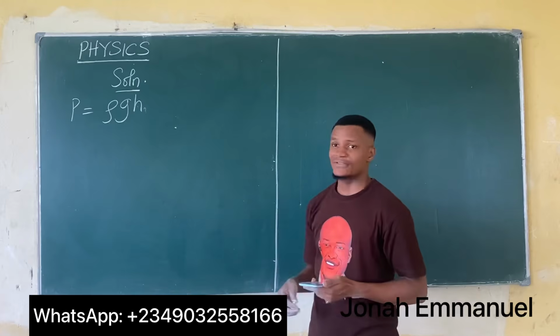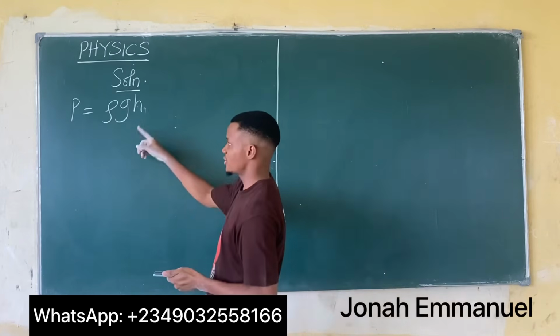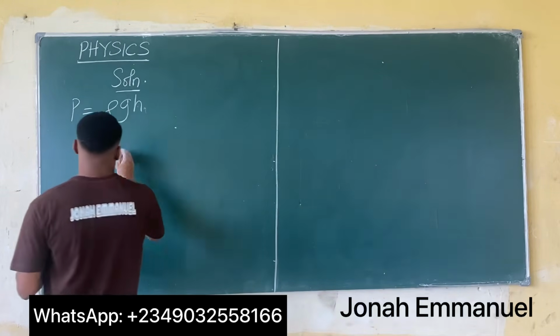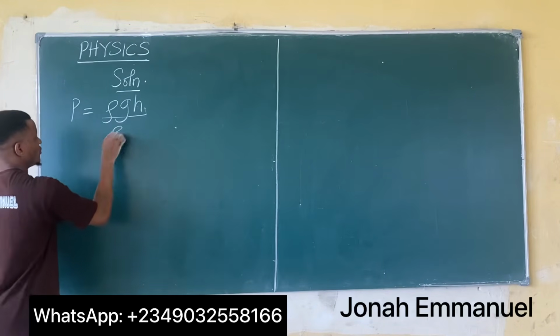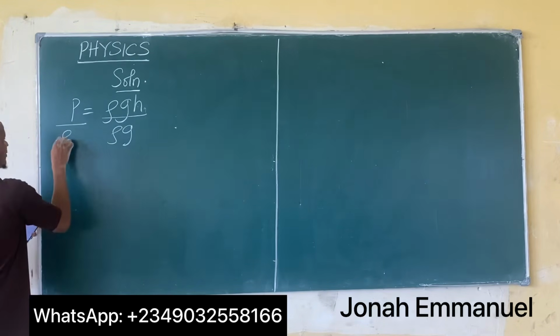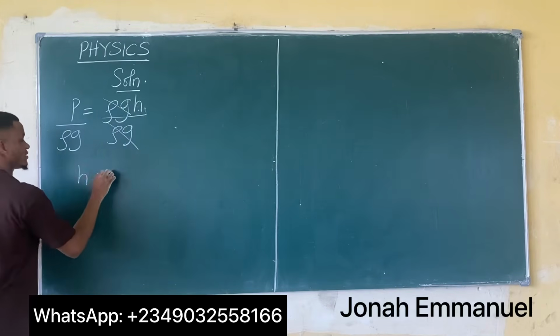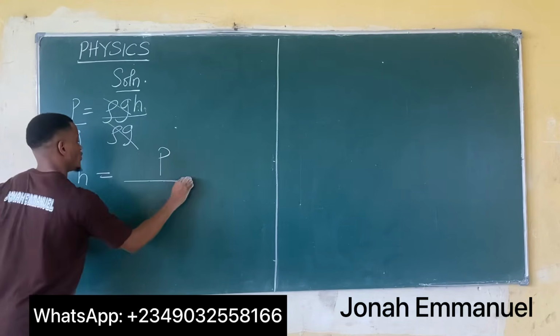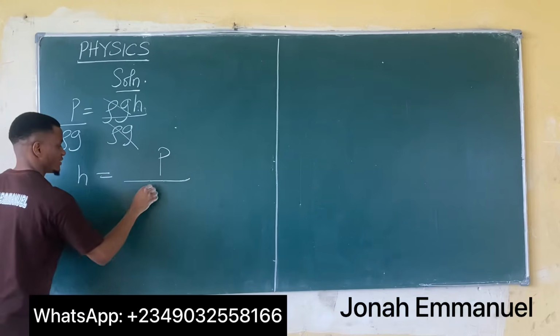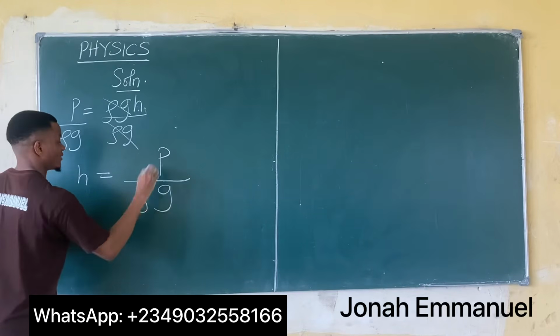So in this case, you have to find height. Let's make h the subject of the formula. I'll divide by rho g on both sides. This will cancel, so the height is equal to the pressure all over the product of density of the fluid and gravity.